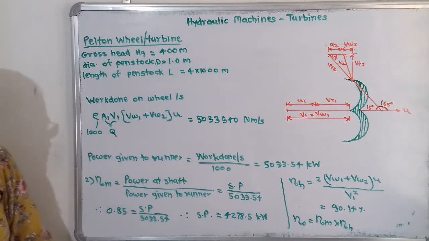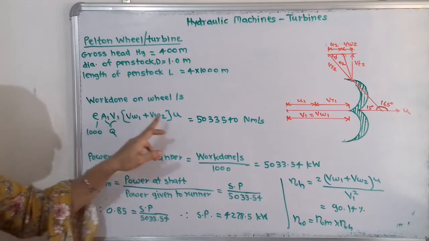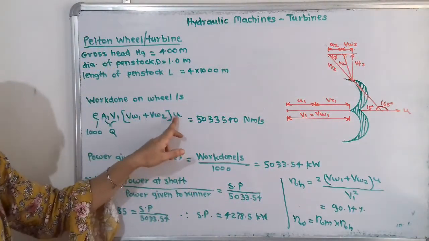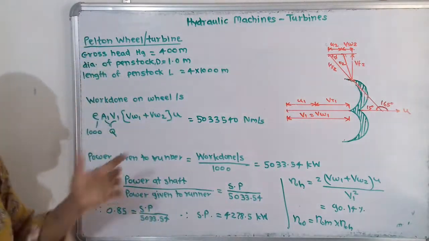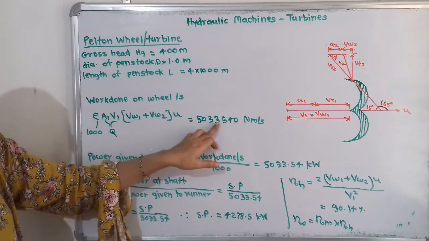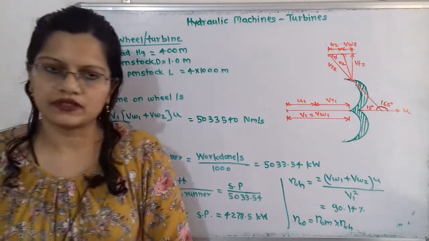Rho is the density of water, that is 1000. Vw1 and Vw2 are also calculated, and we have the value of U, where U is equal to U1, which is equal to U2. After calculation we get the value 50,33,540 Newton meter per second.